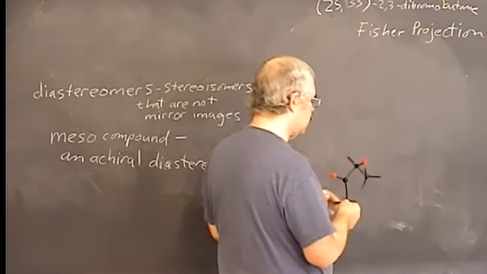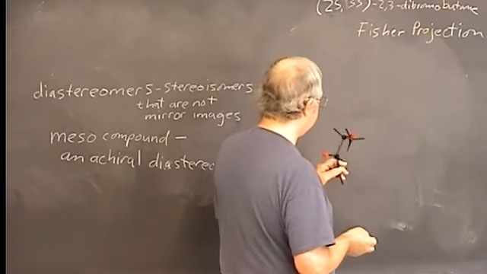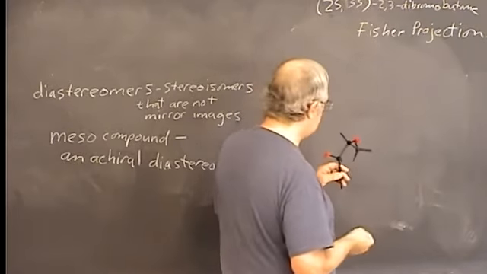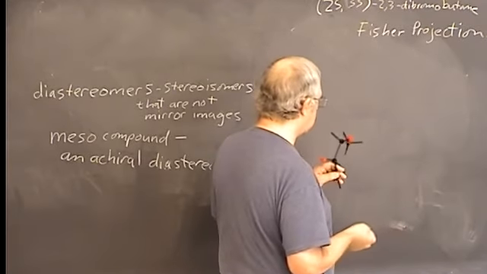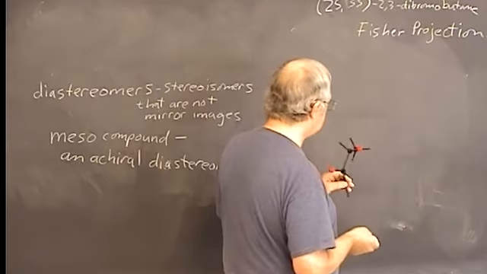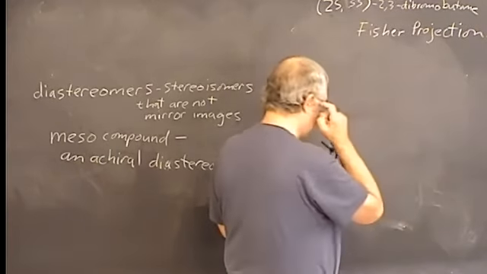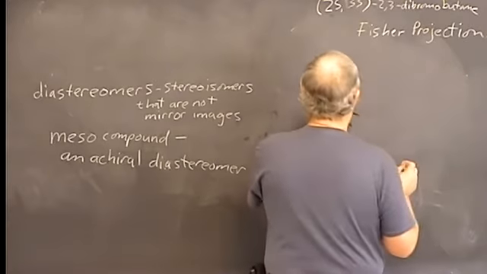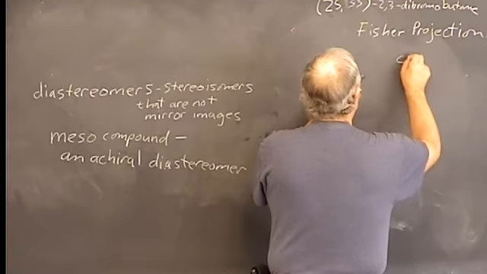The principal functional group is placed closest to the top, although in this case the principal functional group would be the bromines, but if you had a carboxylic acid or something like that, that would go up at the top, or closest to the top.